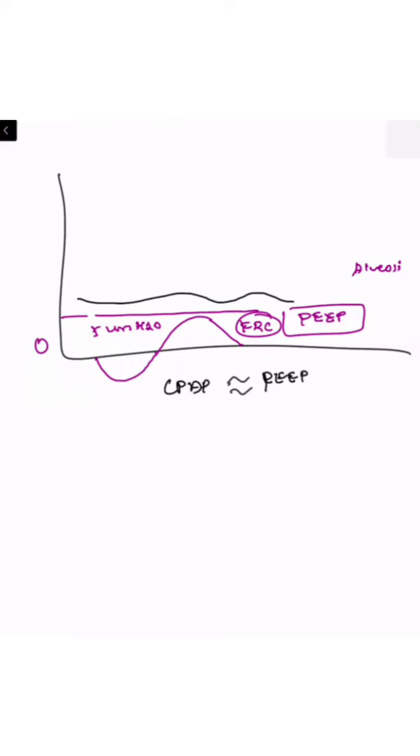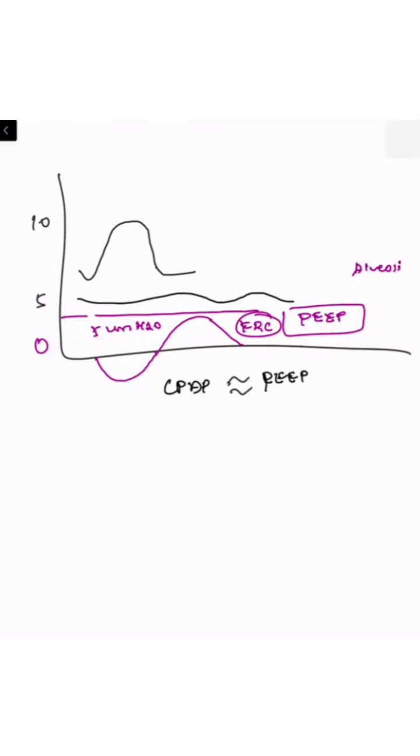But we can deliver two kinds of pressure to the same patient. For example, if you are giving some amount of pressure during inspiration, which is slightly higher than that delivered during expiration. So this is around 5, this is around 10.